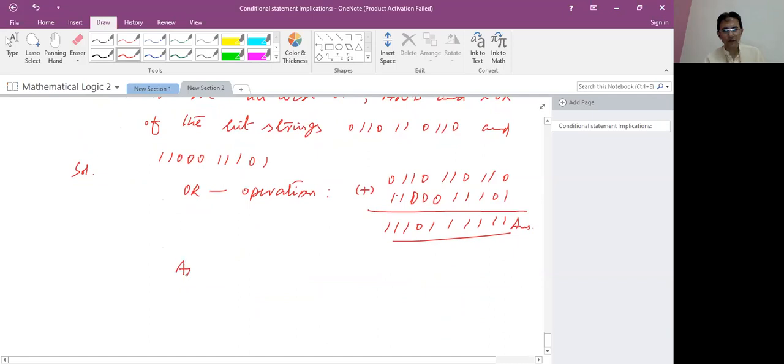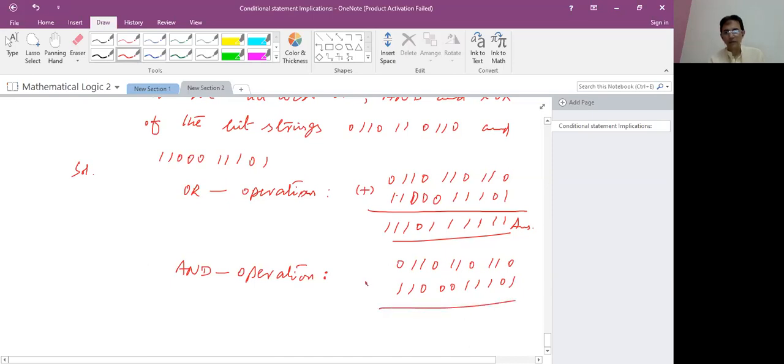Similarly, the AND operation. The AND operation is represented here by multiplication. First, we write the bit strings you have been given.